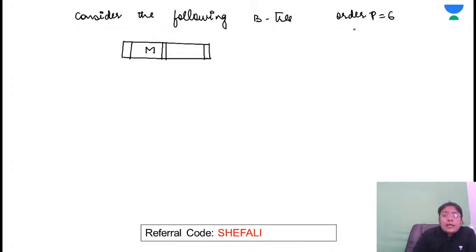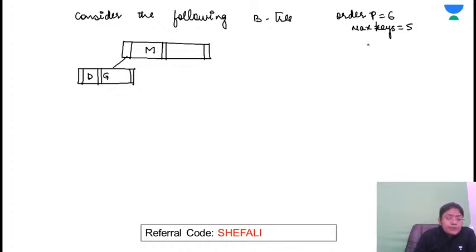So this means that maximum keys allowed are 5. Minimum keys कितनी allowed होंगी? How many minimum keys are possible? Minimum keys possible are 3.